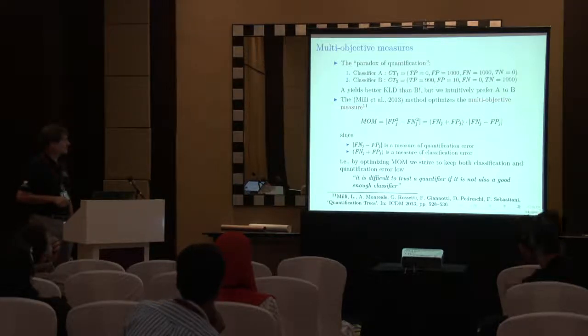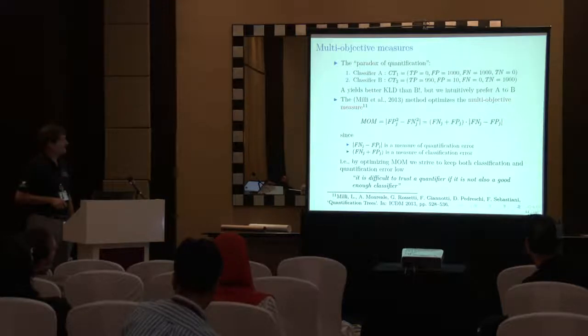So the measure that the Milli et al. paper uses is the following. It's the absolute value of the difference between the square of the false positives and the square of the false negatives. Why is this so? Because this is the product of two factors. The first factor, the sum of the false positives and the false negatives, is a measure of classification error, while the absolute difference between false positives and false negatives is a measure of quantification error.